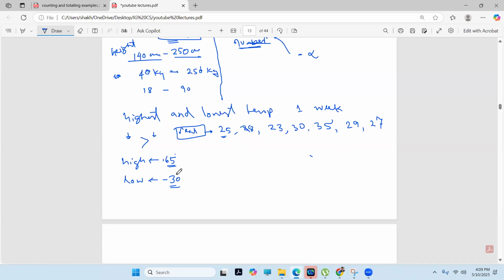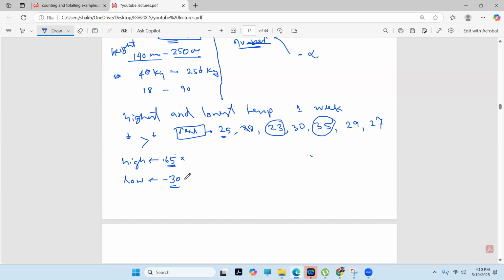But what we understand is the result should come from the user value, not from the assumption, right? So this is not giving you the correct answer. We can understand that the highest temperature should be 35, whereas you are getting 65 every time. The lowest temperature should be 23, whereas you are getting -30.